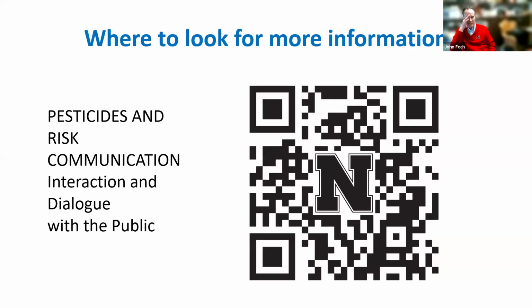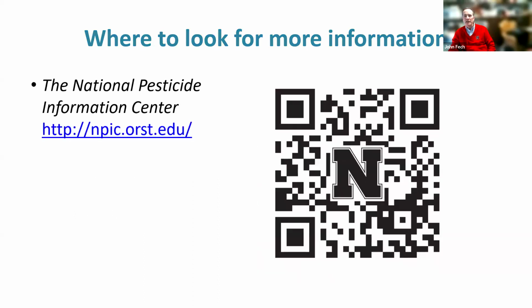And again, this is either for you or for your client, where to look for more information. Pesticides and risk communication, very, very helpful stuff here on how to get through this. There's, I think, 5 or 6 different QR codes that we have, and you can get these from the recording, or if you would like, we could send these out to you as well. Here's from the National Pesticide Information Center.